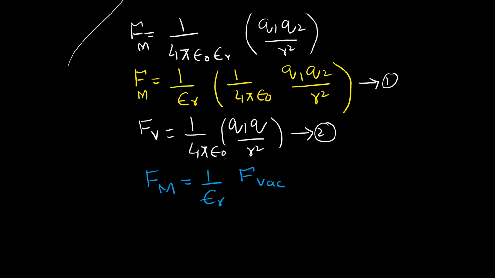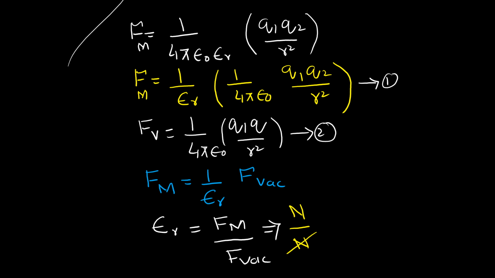So the relative permittivity epsilon R will become the force in a vacuum divided by the force in a medium. Both units of force are Newton, so Newton and Newton cancel, which means relative permittivity has no unit, because force and force are the same quantities, and the unit of the same quantities cancels each other.